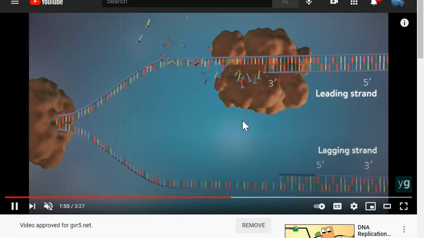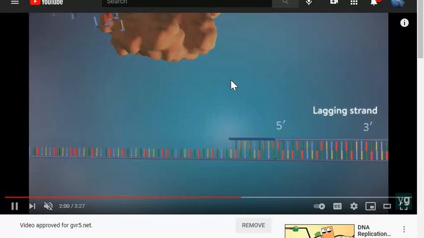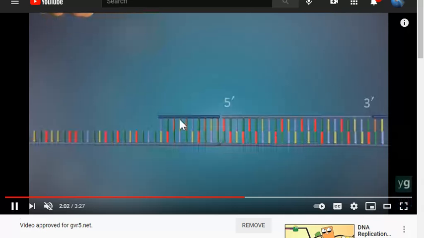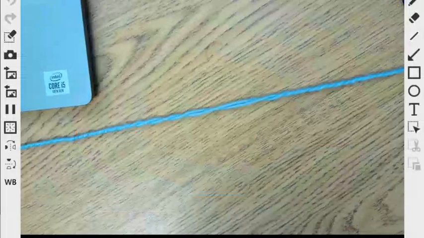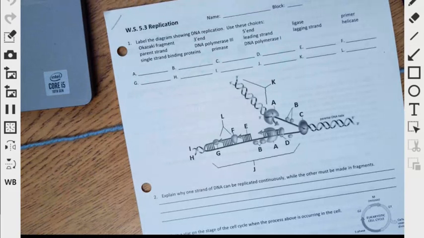Now we're gonna focus on the bottom strand, the lagging strand, okay? And notice that we have a section here that's already been done, and we've got them different colors. Why don't you grab 5.3, your replication worksheet, okay? And if you don't have a paper copy, there's an electronic copy.